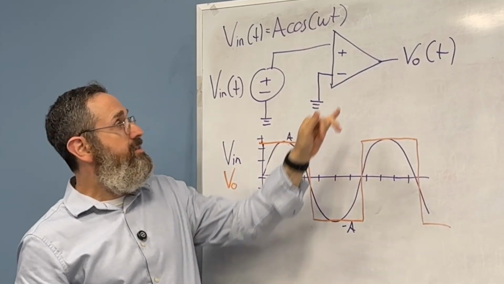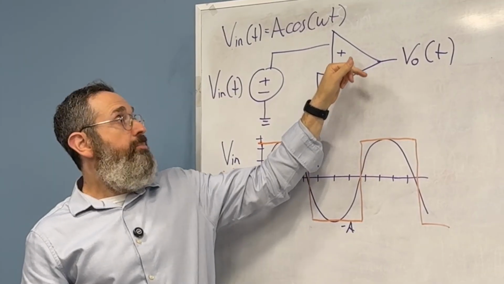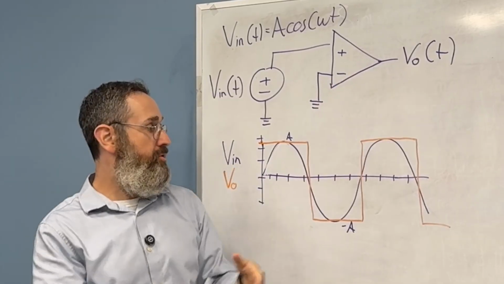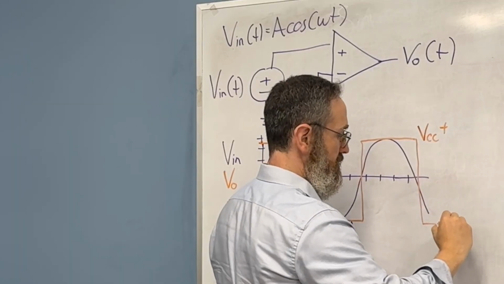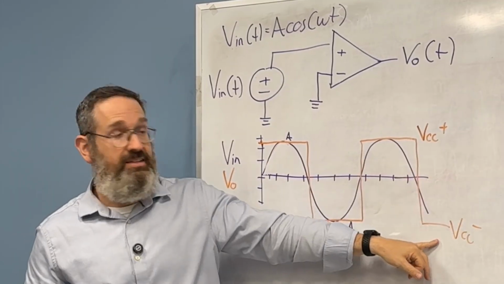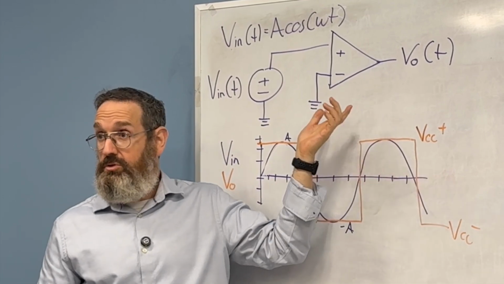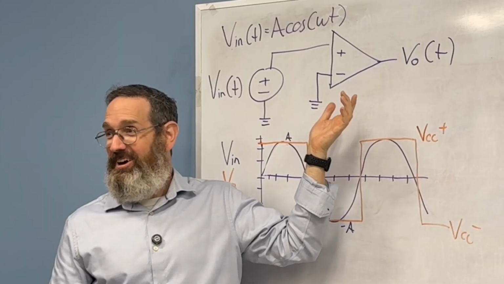What it does is it compares the positive to the negative. If the positive is greater than the negative, then the output goes to some value, VCC plus. If the positive is less than the negative, it goes to VCC minus. You can review the lecture on this comparator.